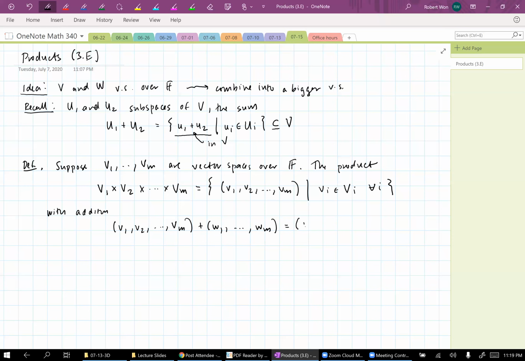Since those are in the same vector space, I know how to add them. And so you just define the sum of two vectors in the product to just happen component-wise, right? So this addition is in V1, this addition is in V2, etc. This addition is in the product.